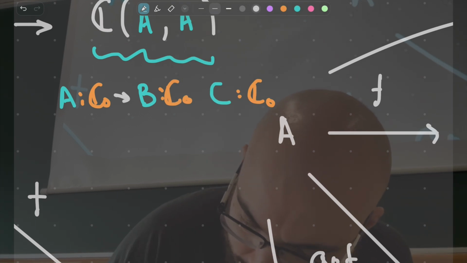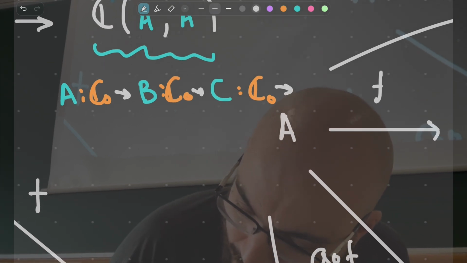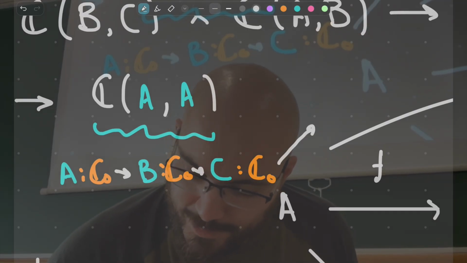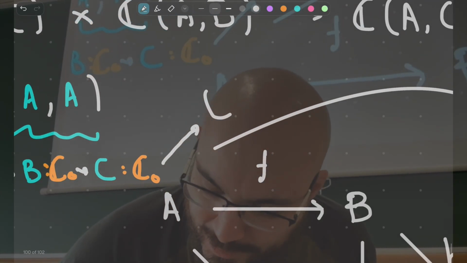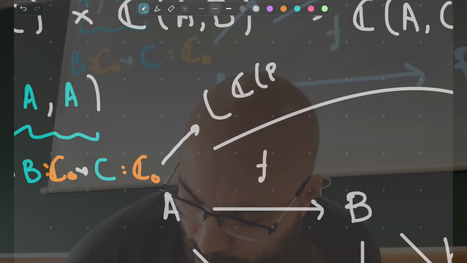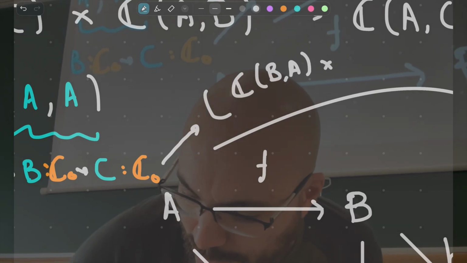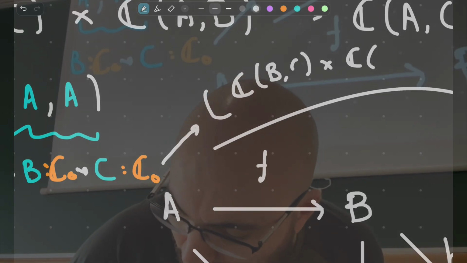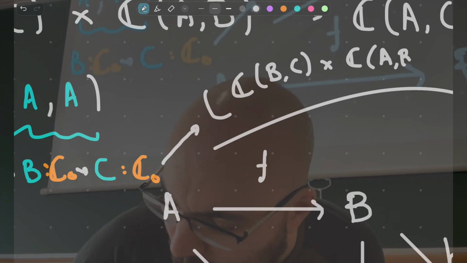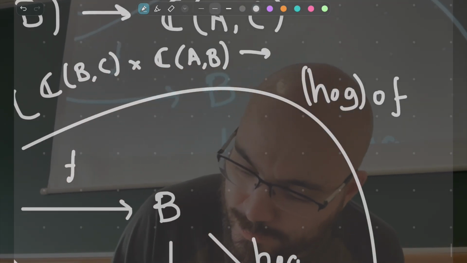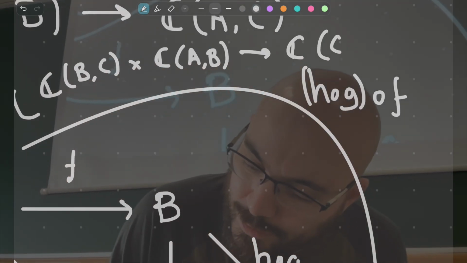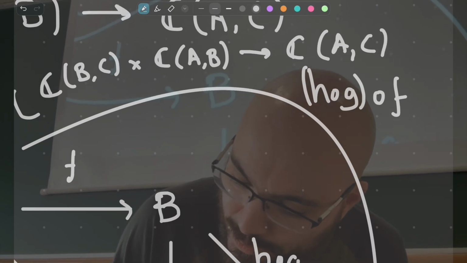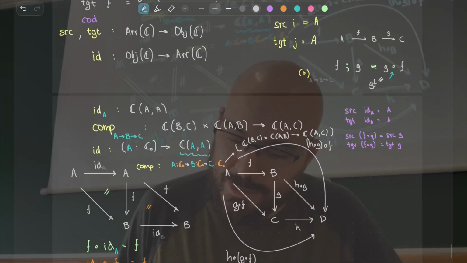Take this, and then this, and then this, and after all this, you return, okay, I will write it here. After all this, you return what? You return something that goes from B to C, and A to B, to A to C. So this is how you would write it as a dependent function.